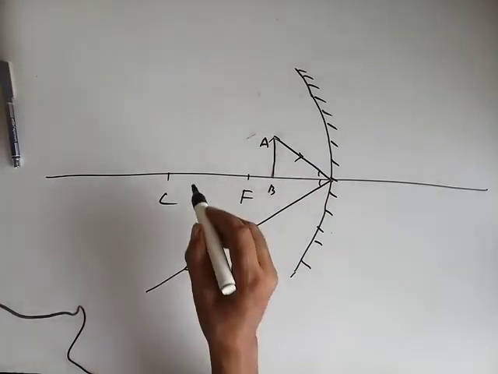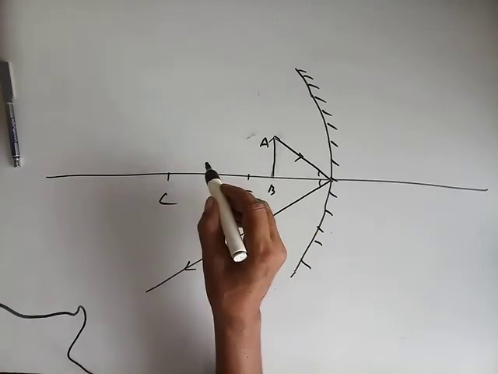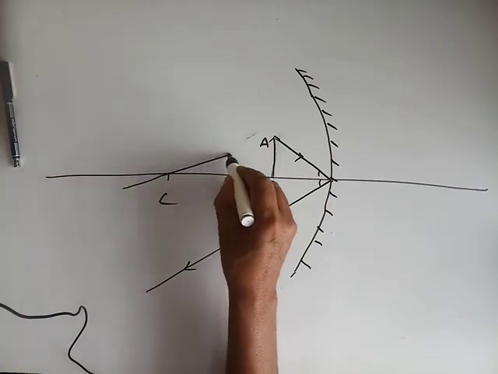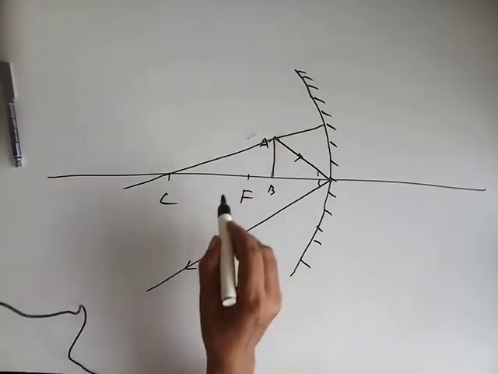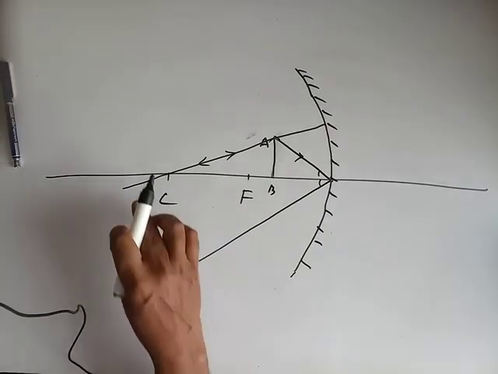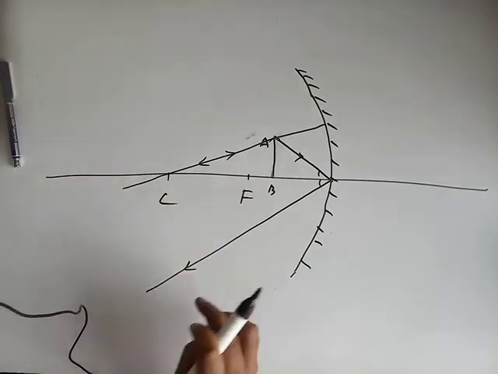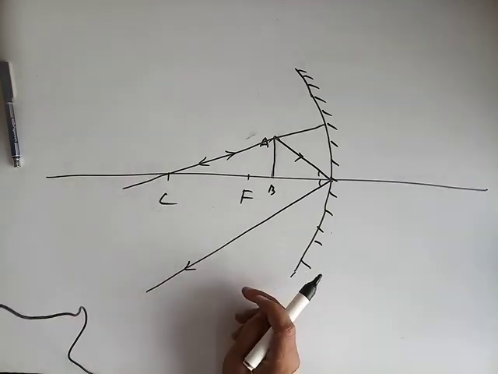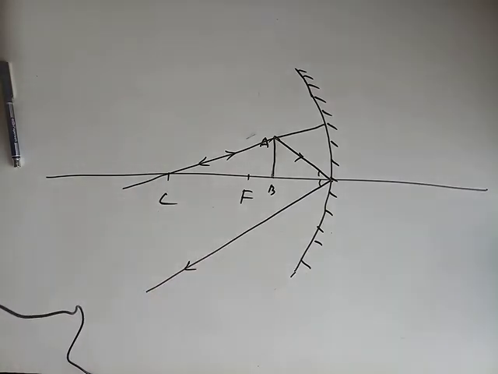Secondly, you move one ray to the center of curvature. It is like this. So it will reflect on the same path. Now look here. These two reflected rays are not parallel, so they are not supposed to meet anywhere, because non-parallel rays never meet however long they are produced.